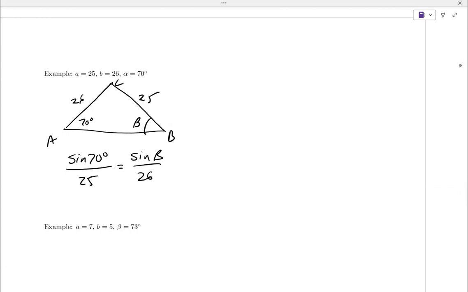And this equation is correct whether we have 0 triangles, 1 triangle, or 2 triangles. Doesn't matter. Okay? If I want to solve for beta now, I would need to multiply by 26 and then do the inverse sine, right? We agree?